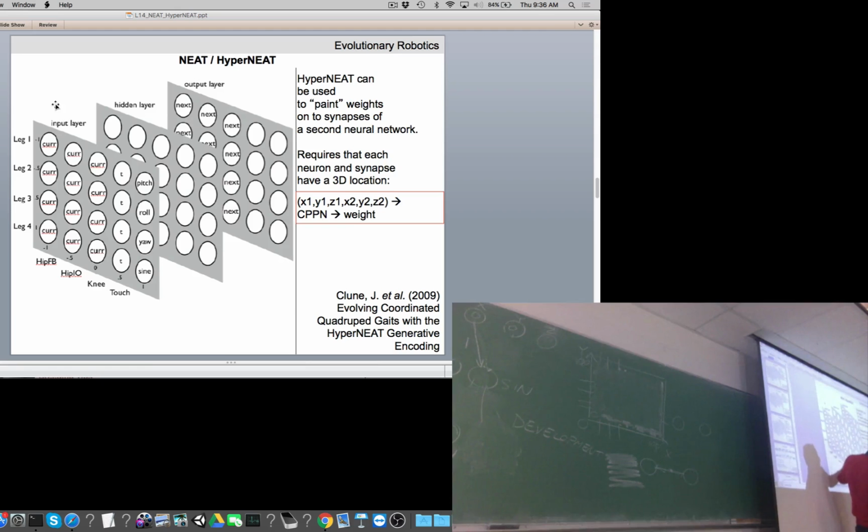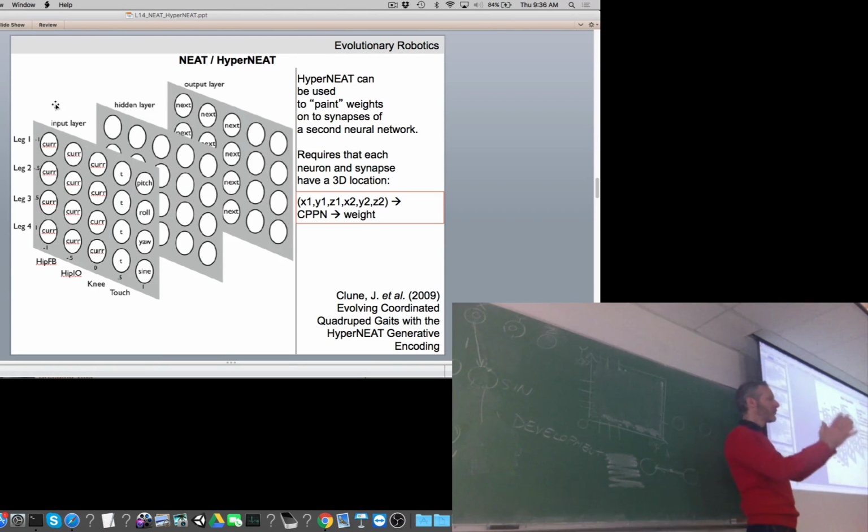So now if we're trying to paint this synapse, we feed into our CPPN the x, y, and z coordinate of this neuron and the x, y, and z coordinate of this neuron. If we're then trying to paint a synapse going back the other way, we would just reverse the two three-dimensional coordinates, and we might get, depending on the CPPN, different values. And again, we still have a single output.